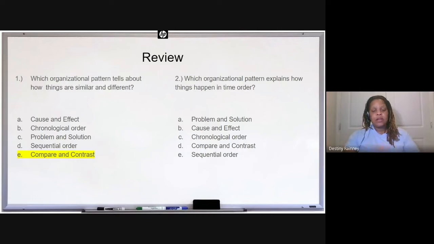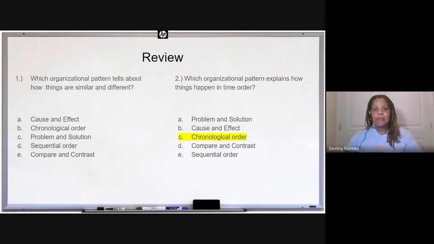Number two says, which organizational pattern explains how things happen in time order? Take a look at the multiple choice options and choose the best answer. All right, if you chose chronological order, you are definitely correct.